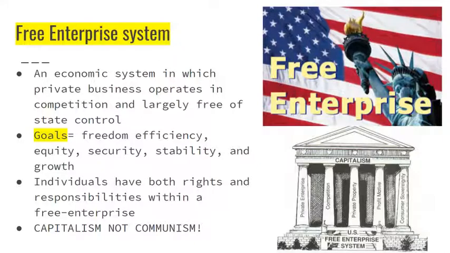Individuals have both rights and responsibilities. This is capitalism, not communism, because we are in charge of the production. Now, within the free enterprise system, there are regulations that we have to follow in the United States. So, we have to think about those things.